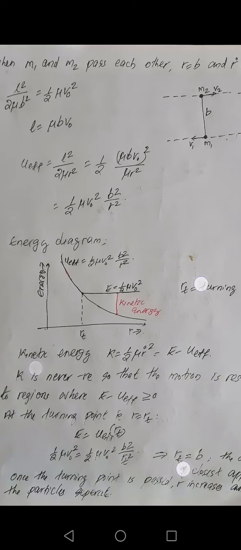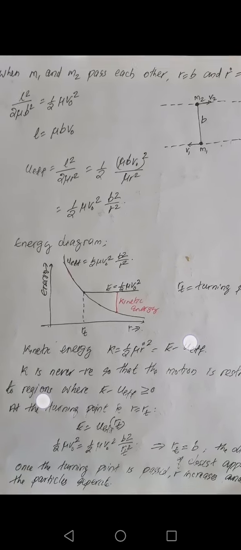That means the particle will move with the distance set apart by b in a vertical way. In other words, we can call b the distance of closest approach.